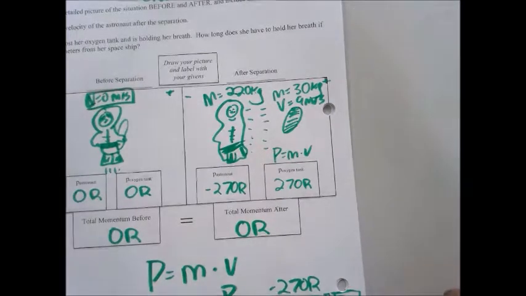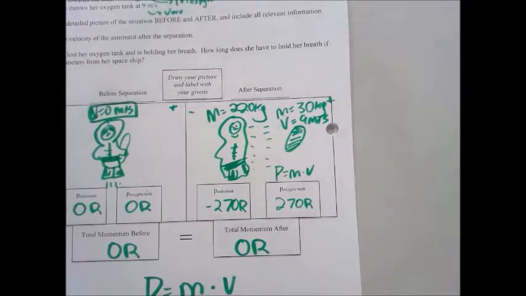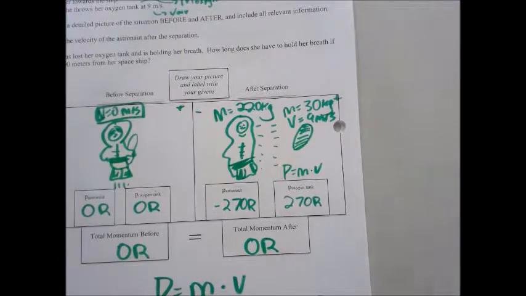So the velocity is going to be 1.22 meters per second. I'm going to leave it like this. It doesn't really matter that this is negative because we don't know which direction the oxygen tank is. So you can leave it as negative or you can leave it as positive. It really doesn't matter. So 1.22 meters per second.